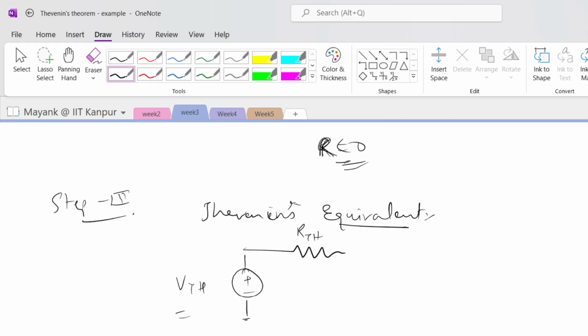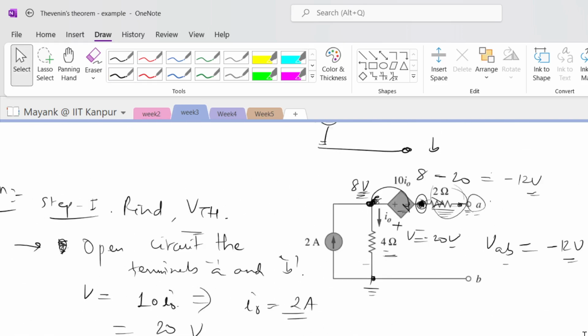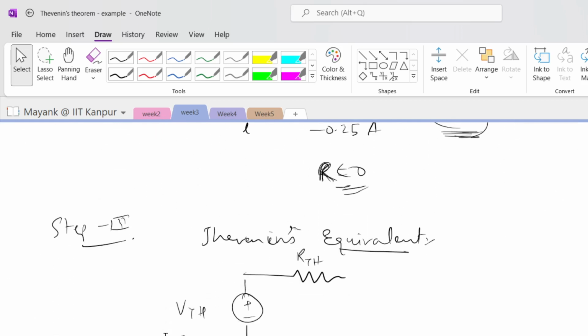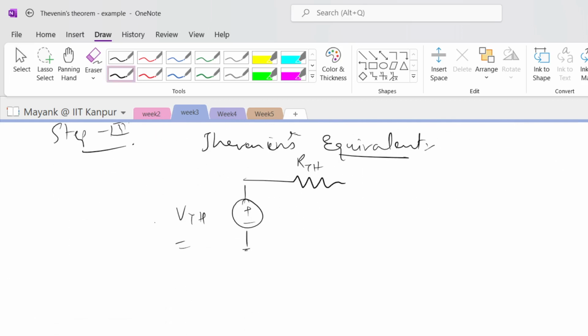And what is V Thevenin equal to? What was V Thevenin equal to? It was equal to minus 12 volts, isn't it? So minus 12 volts. And what was R Thevenin? R Thevenin is equal to minus 4 ohms.